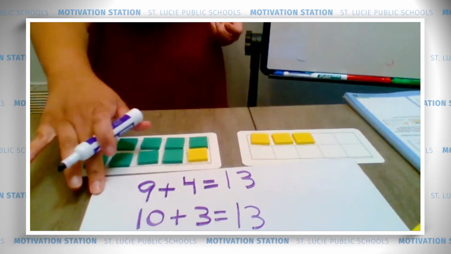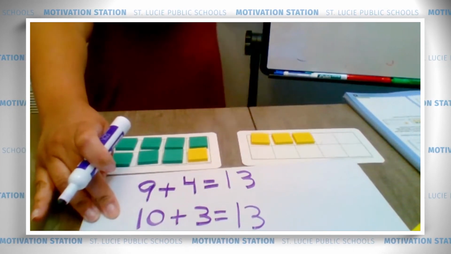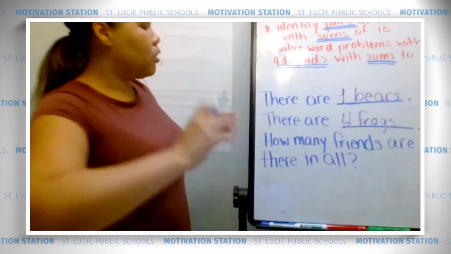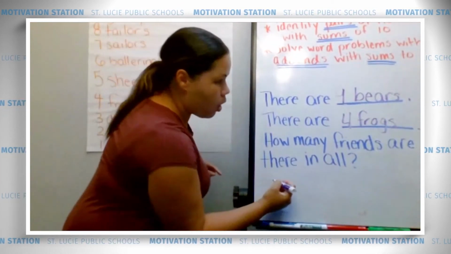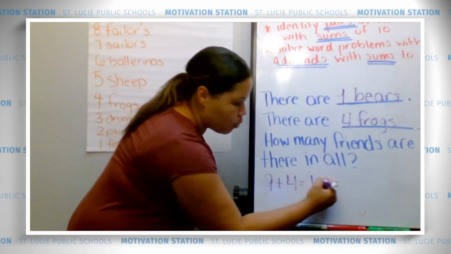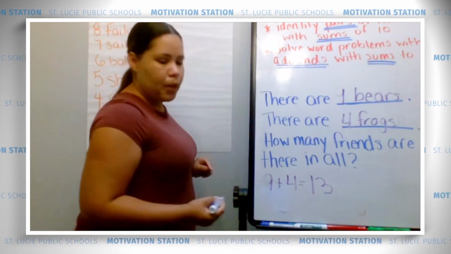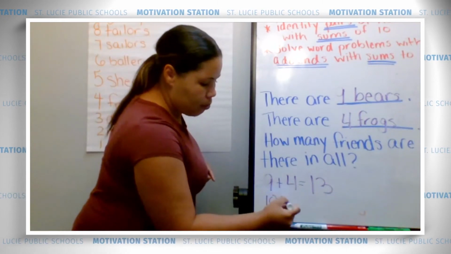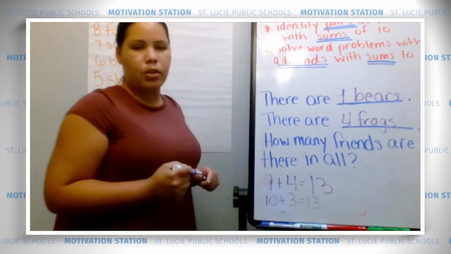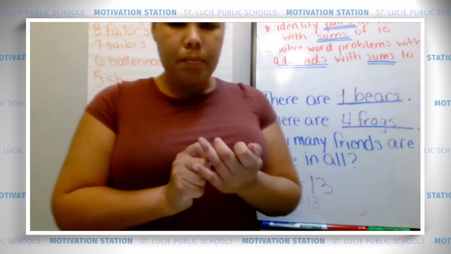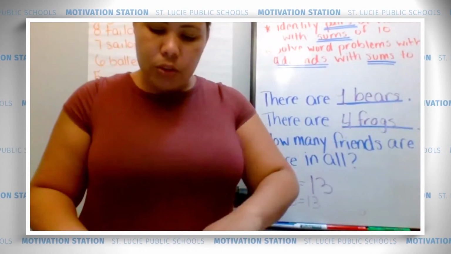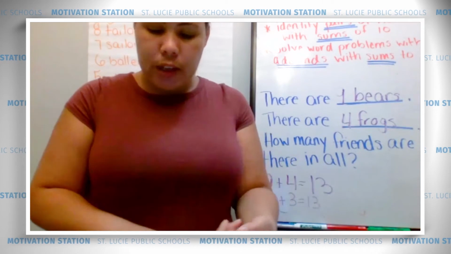These are our 2 equations that would help us solve this word problem. Okay, boys and girls, so our equation was 9 plus 4 equals 13, or 10 plus 3 also equals 13. We're going to try another set of animals.